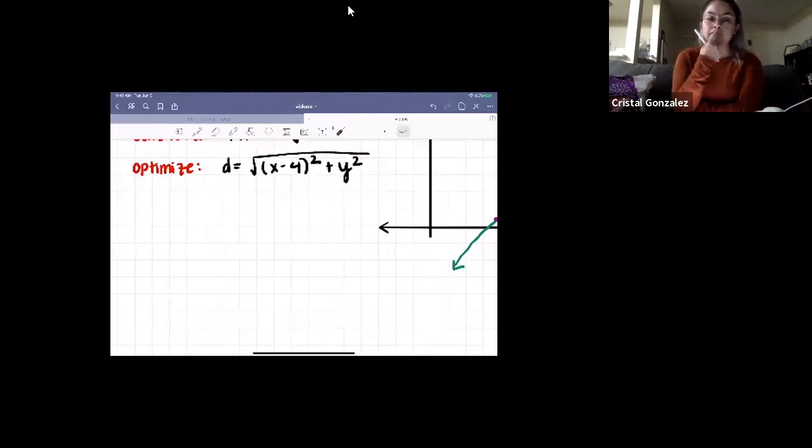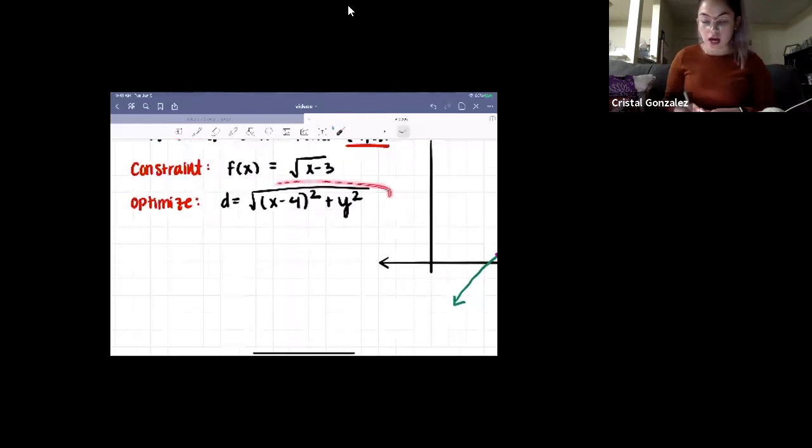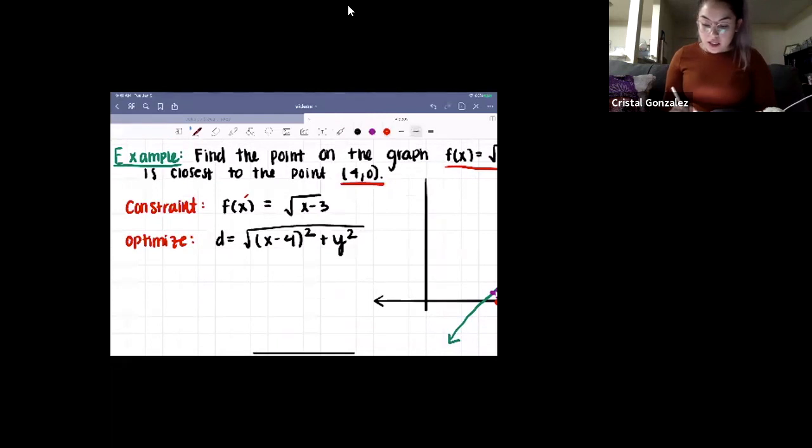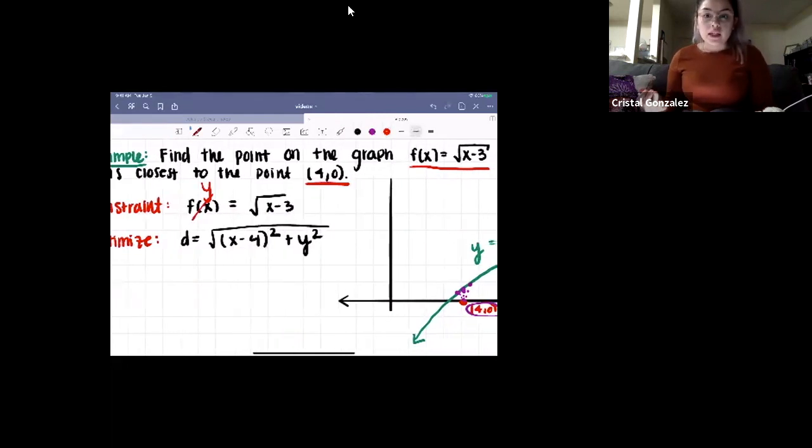Problem. I have a function of two different variables, two independent variables, and I need to get rid of one of them because I don't want to differentiate this as is; that's not going to help me at all. But what I do know is that this really is the same thing as y equals the square root of x minus 3.